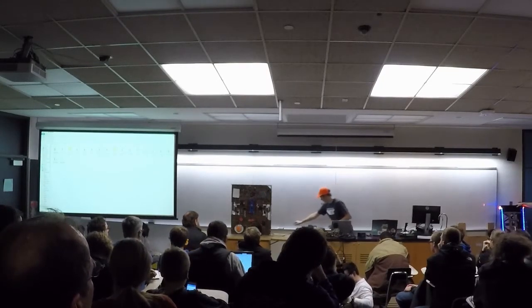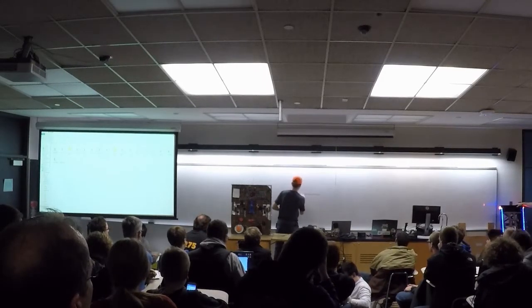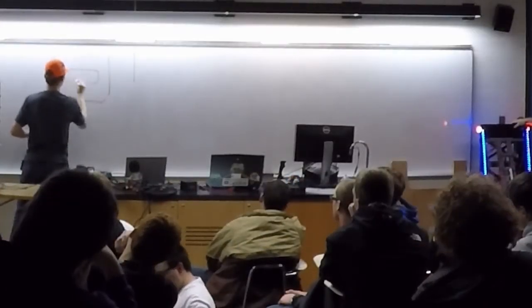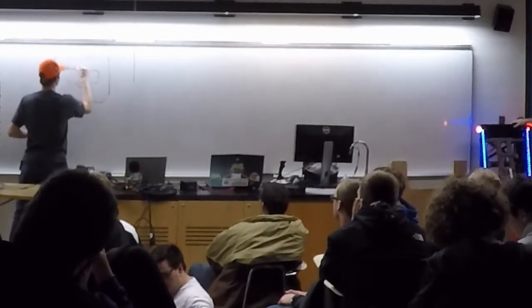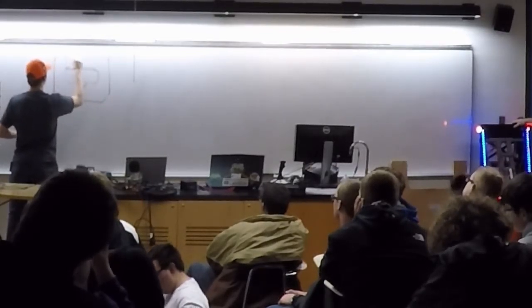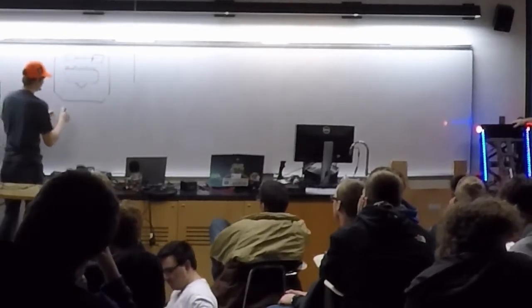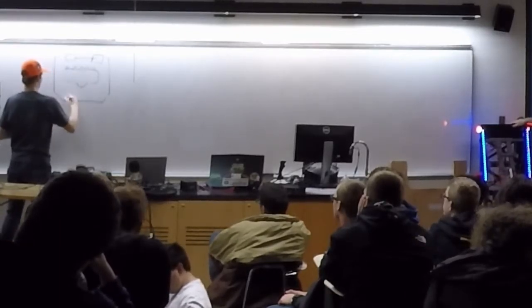So if I grab a marker here and just draw a very crude FRC field. Something like this. So path 1, say you start here, you're going to go for like a double scale or something.